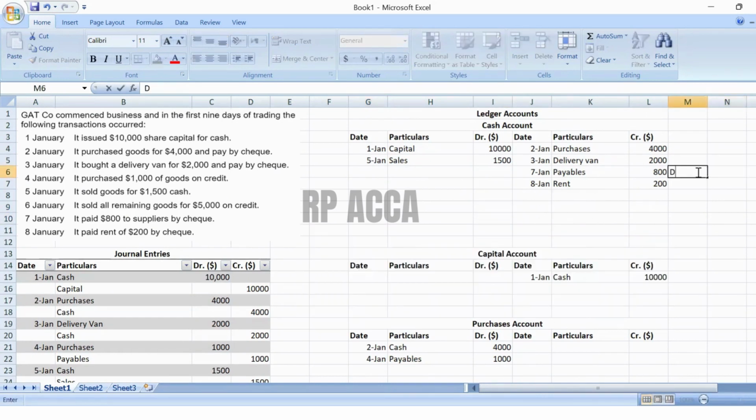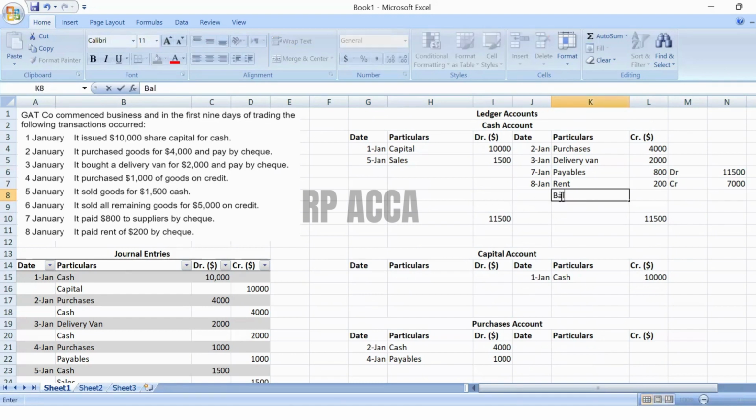Let's start with cash account. Follow how I'm doing. Let's first total up debit side and credit side. Then we put the higher balance on both the sides, which is $11,500.